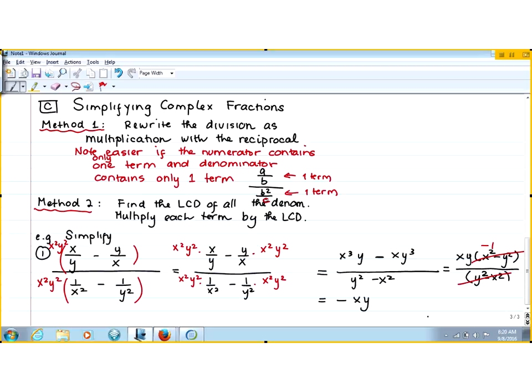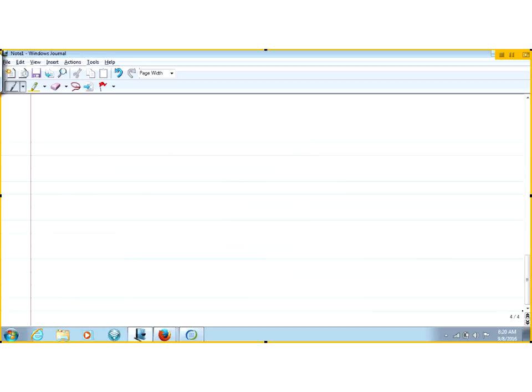Okay. Now, the second one. This is calculus, very common in calculus. Are you guys ready? All right. So number 2, 1 over a plus h minus 1 over a, divided by h. Simplify this.